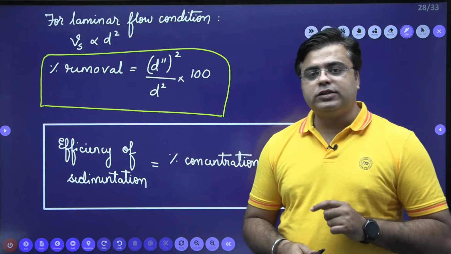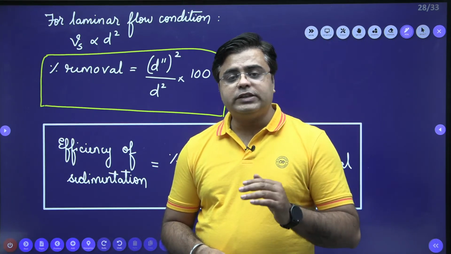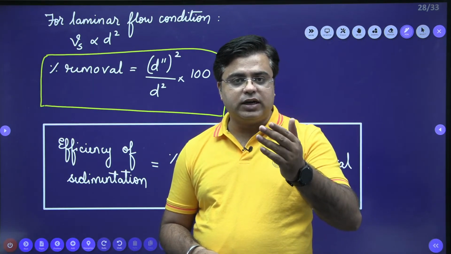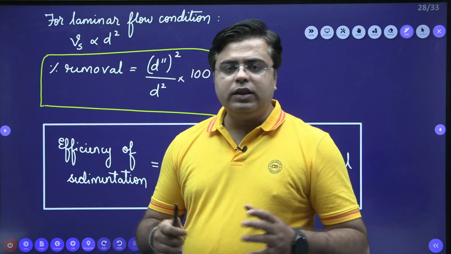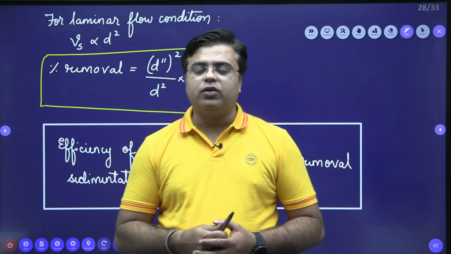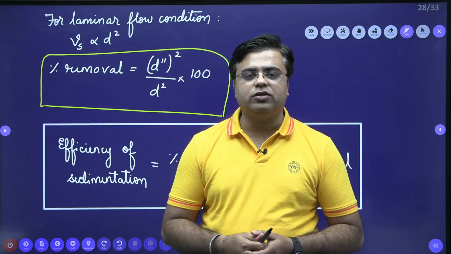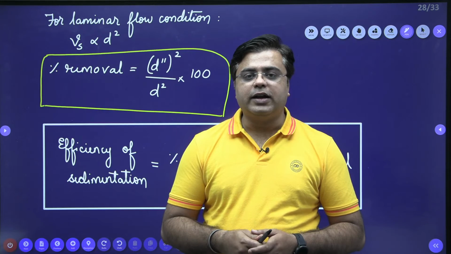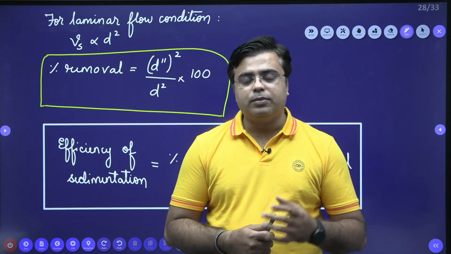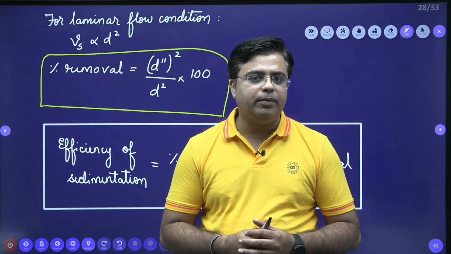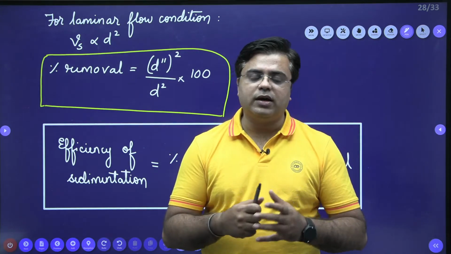The settling velocity of the concerned size of the particle is known as surface overflow rate, which can be calculated as discharge divided by the plan area. So all this analysis can be used to solve questions, especially those asked in the GATE examination. When you see the previous year GATE questions, you will find a lot of questions that are framed using these concepts. Concept of settling velocity, concept of how to design this horizontal flow type tank through concerned size of the particle. All these concepts are very important.